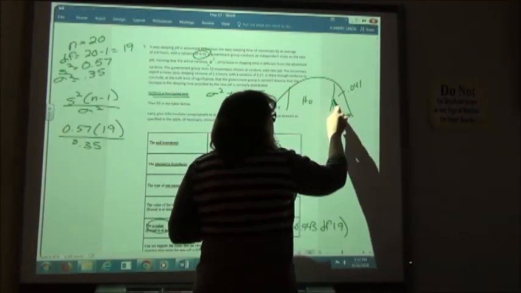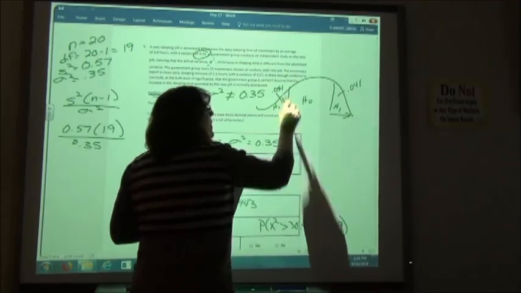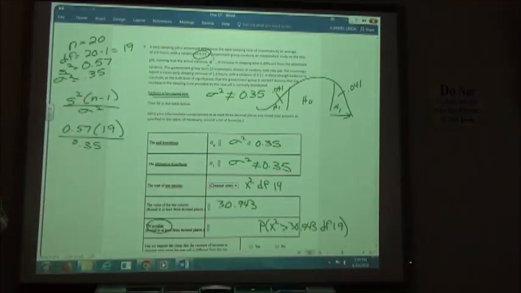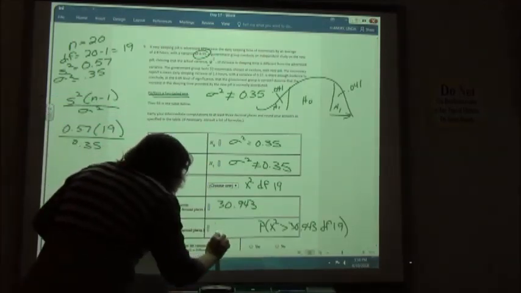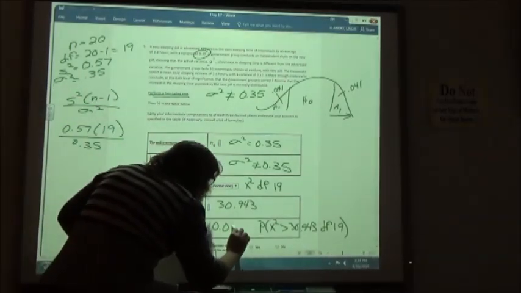So if this is 0.041, that also means this is 0.041. Which means our p-value, we have to add them together or multiply by 2, right? If one side is 0.041 and the other side is 0.041, then it's going to be 0.082, right?